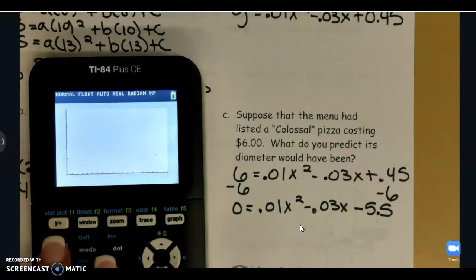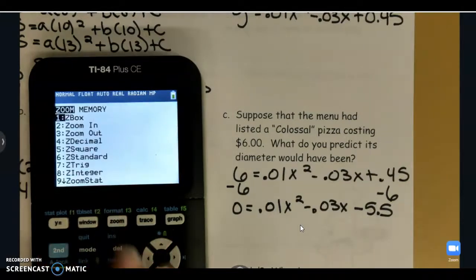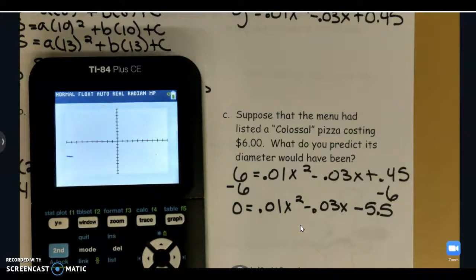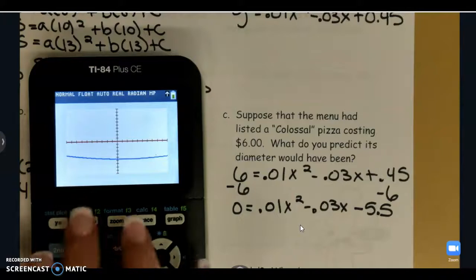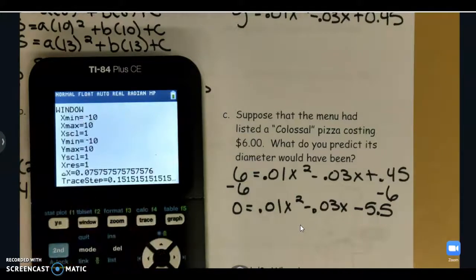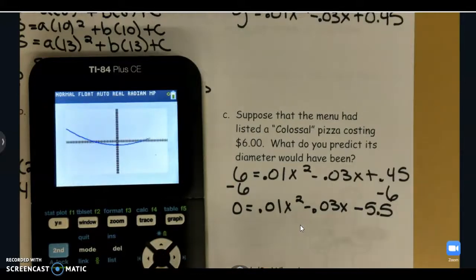And we're going to graph this. Let me adjust my window here. I need to adjust my window some more. There we go. So now we need to find where this overlaps.